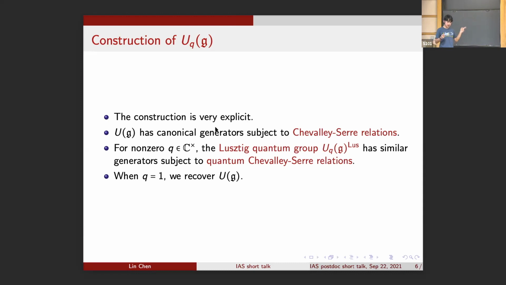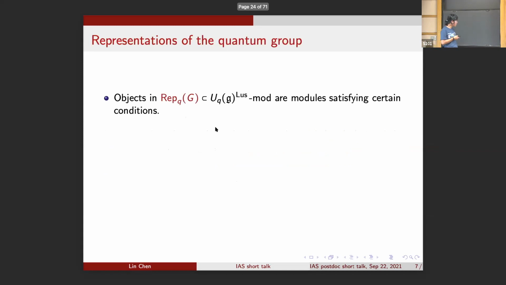Actually, I'm lying here; if you are an expert, you will realize it, but I just want to give you the rough idea. When q is 1, you can recover the universal enveloping algebra of this Lie algebra. I also need to say that this family moves continuously when q changes, so it's indeed a deformation. Once you have the deformation of the algebra, you can consider this category.